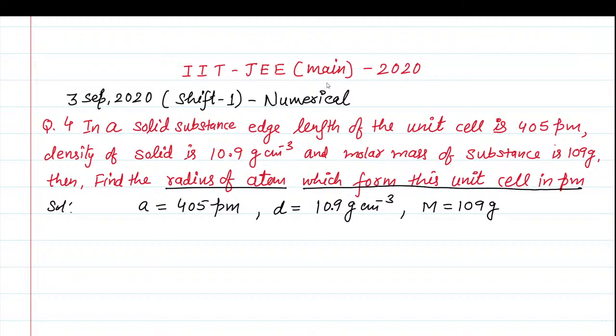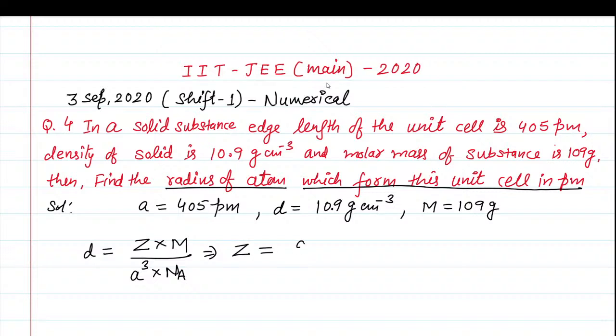That means first of all we have to calculate which type of unit cell this is. You know the formula is d equals Z into M by a cube into Na, so Z will decide the type of unit cell.